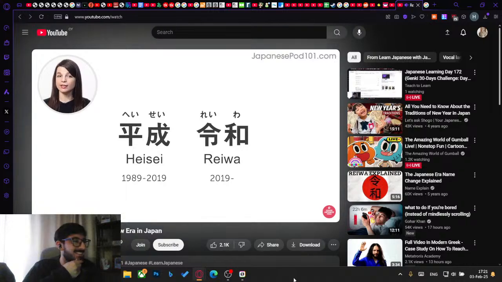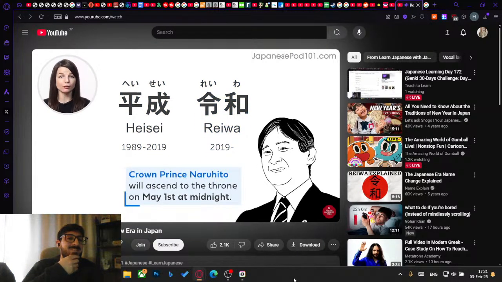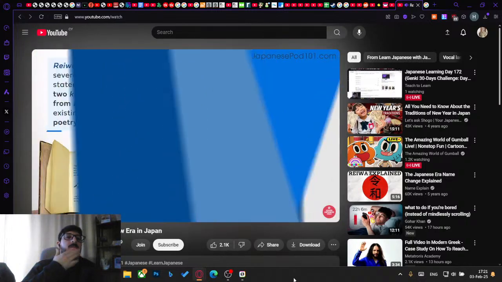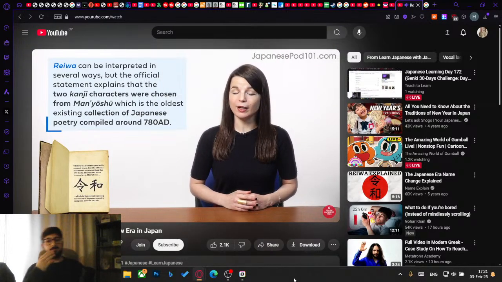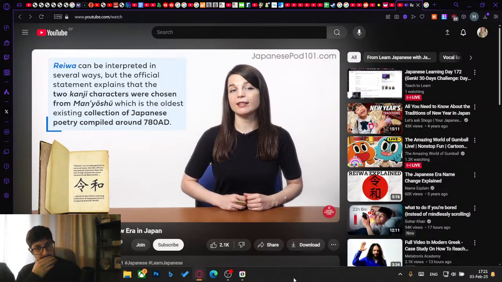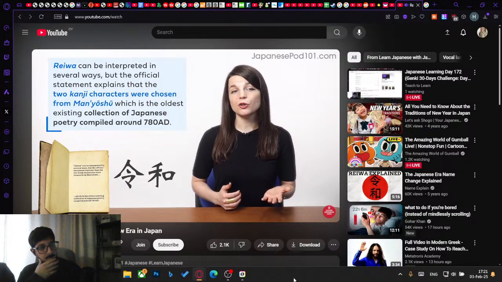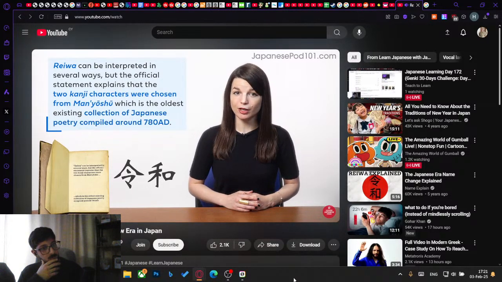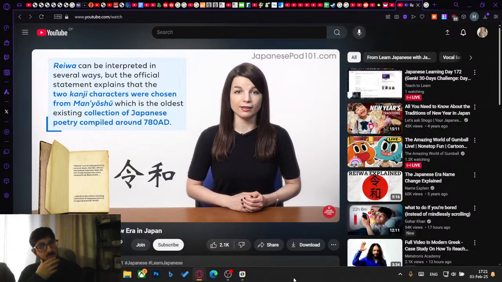Japan's era will transition from Heisei to Reiwa, as the Crown Prince Naruhito will ascend to the throne on May 1st at midnight. Reiwa is the 248th era since the first recorded era, Taika. Reiwa can be interpreted in several ways, but the official statement explains that the two kanji characters were chosen from Manyoshu, which is the oldest existing collection of Japanese poetry, compiled around 780 AD.